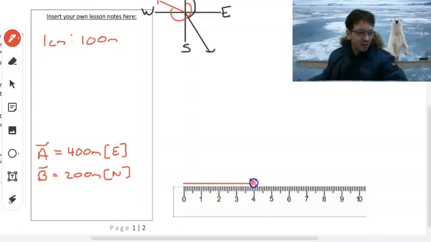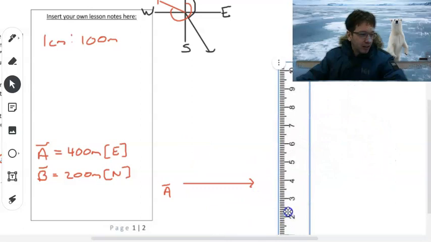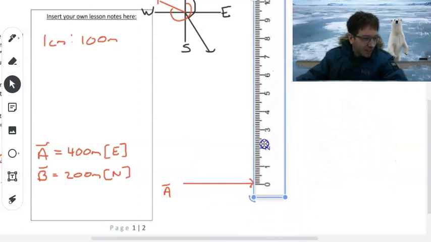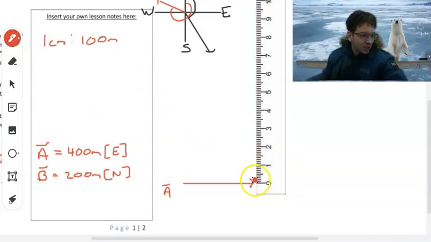So there's vector A. And then connected to the tip of A, I'm going to draw the tail of B. And it's 200 meters north. That means it should be 2 centimeters. Let me just rotate my ruler here. I'm going to connect it right to the tip, and have it headed north for 2 centimeters, so it will look like this.